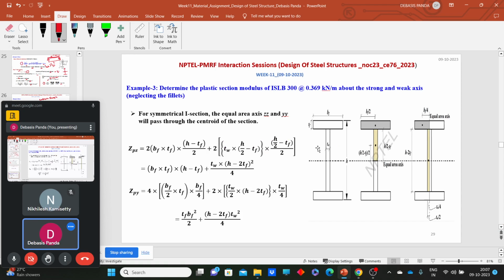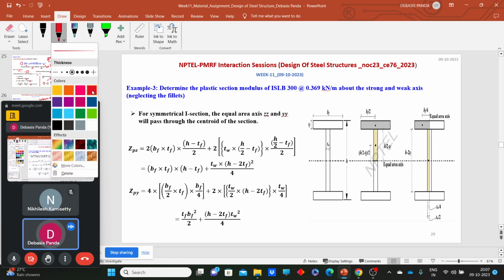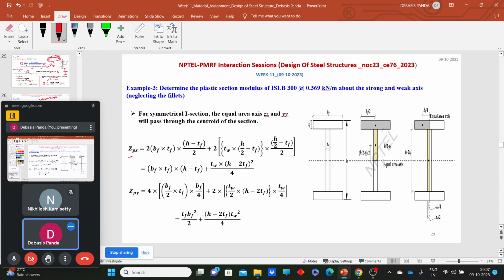We have learned these things in strength of materials or solid mechanics in third semester. So what is ZPZ? That means the plastic sectional modulus about the ZZ axis.